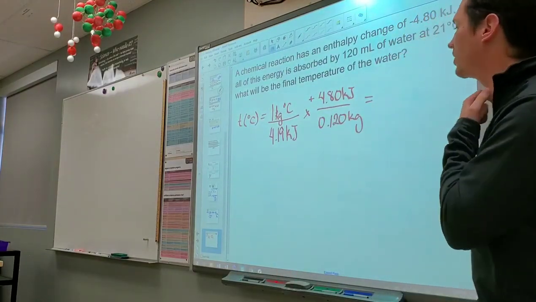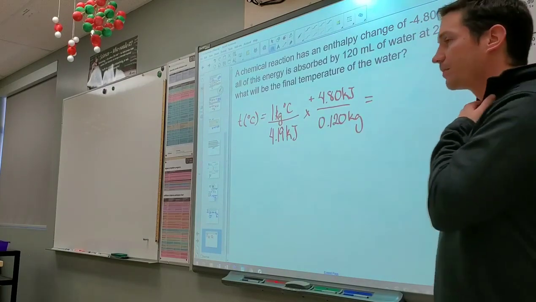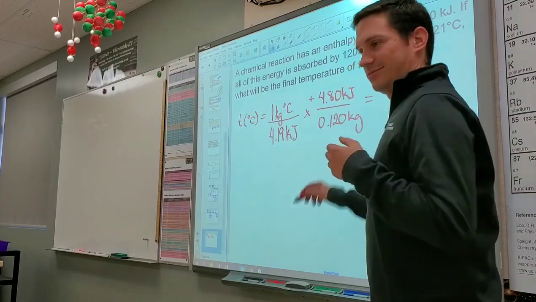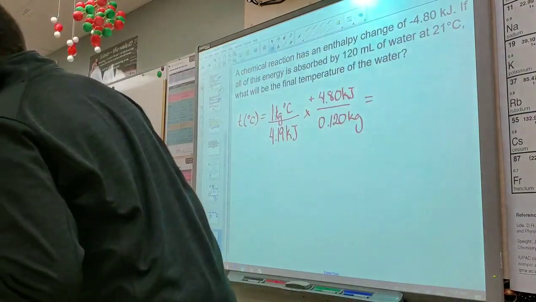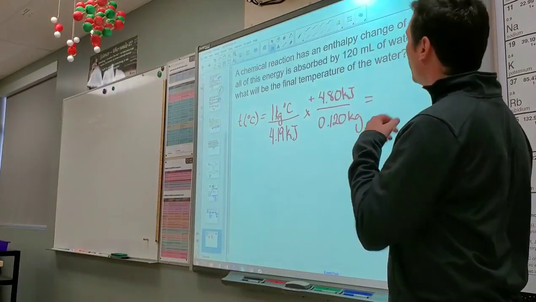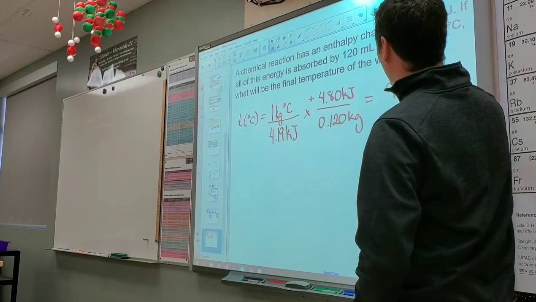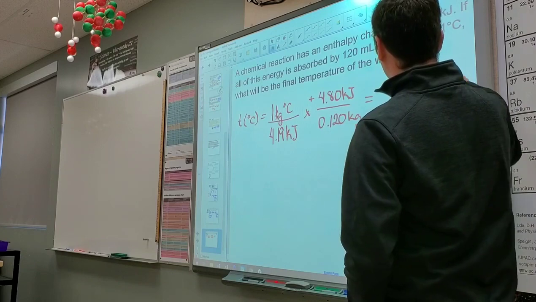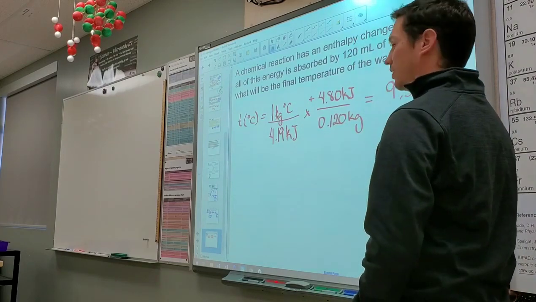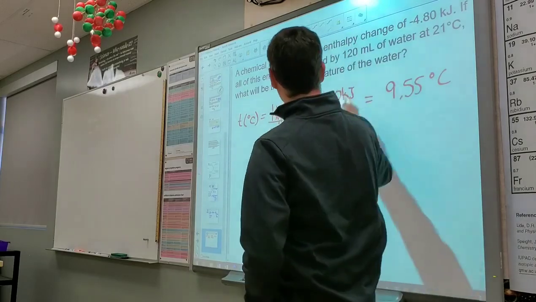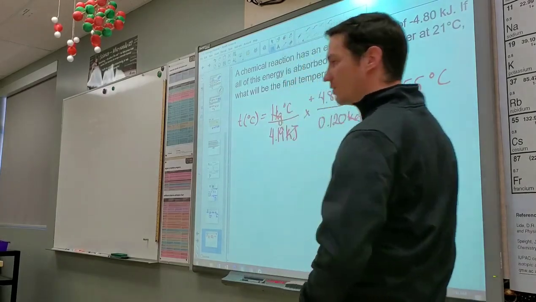How much is its temperature going to increase by? 9.55 degrees Celsius. Kilograms, kilograms, kilojoules, kilojoules, and we're left with degrees Celsius.